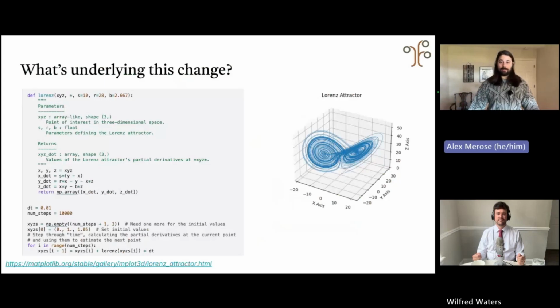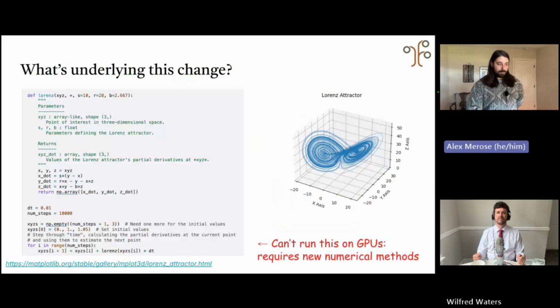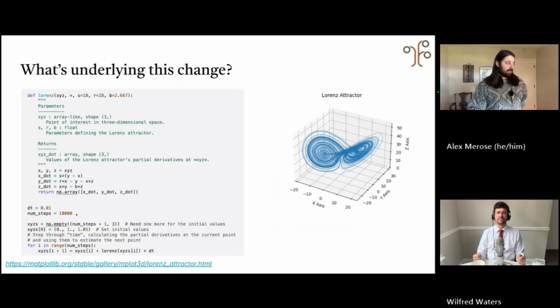One of the most notorious examples of chaos is something called the Lorenz attractor, and this is the code for it. It's actually relatively small, and you can see it's multiplications and additions on top of three variables. You take a few initial conditions, a point in space that this starts at.